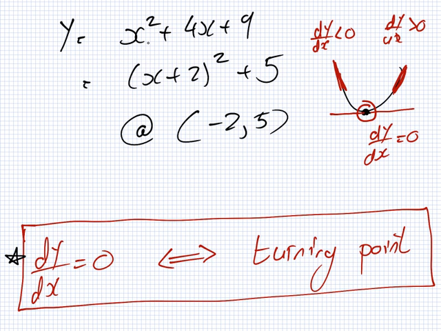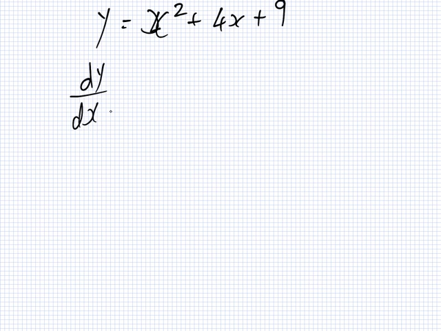So we'll actually use this quadratic. y equals x squared plus 4x plus 9, wasn't it? So the derivative here, what's that? 2x plus 4. And we need the derivative to equal 0 to find the turning point.